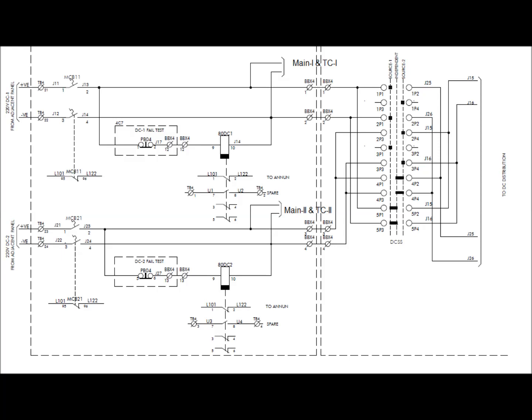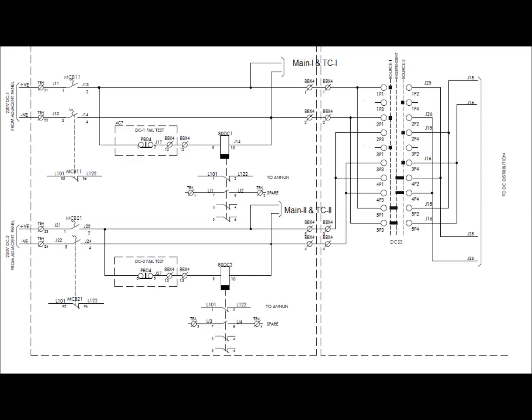Also, we use a DC supervision relay, 80 DC1, to monitor whether the DC system is okay or not. If DC is not healthy or the MCB is tripped, then an annunciation will go through the annunciator to alarm as DC1 faulty.